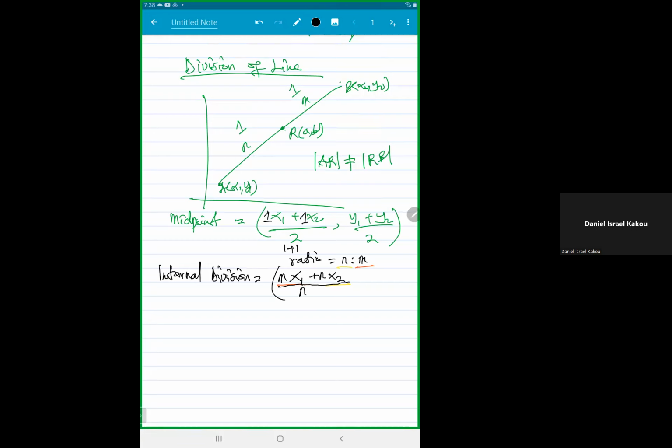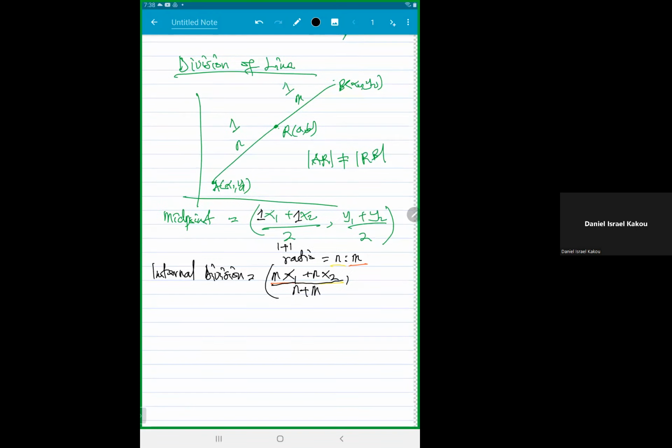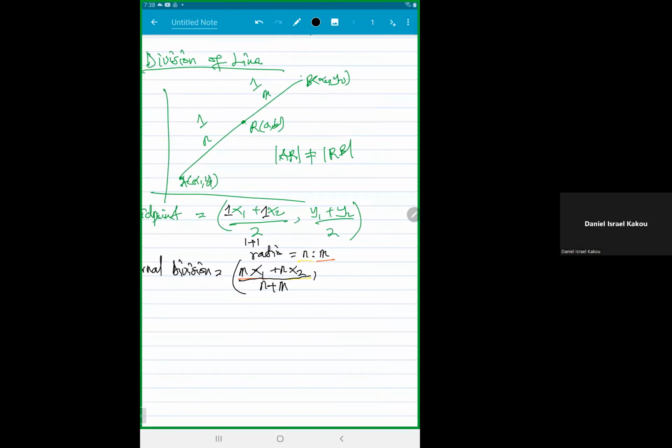So it's just a matter of me adding them, m plus n. By mimicking the same for the y, I have my y1 plus my y2, and because it is y1, I multiply it by the second value of the ratio, which is m, and I multiply y2 by the first value of the ratio, which is n, and I do the sum.